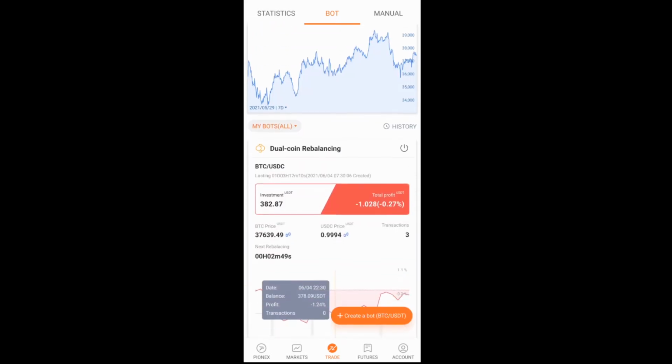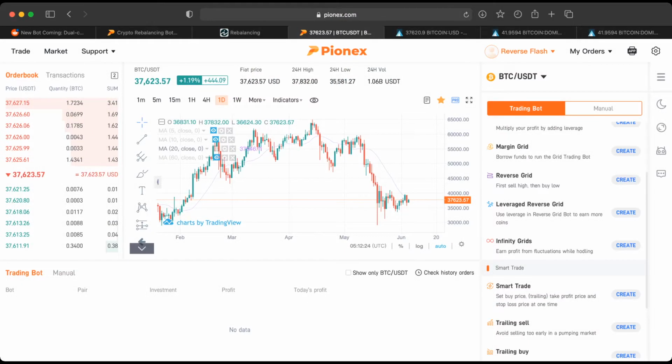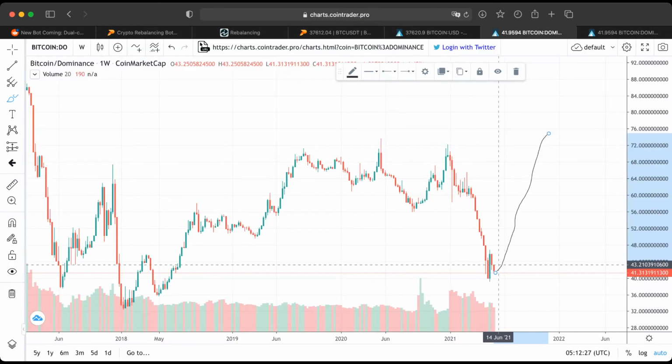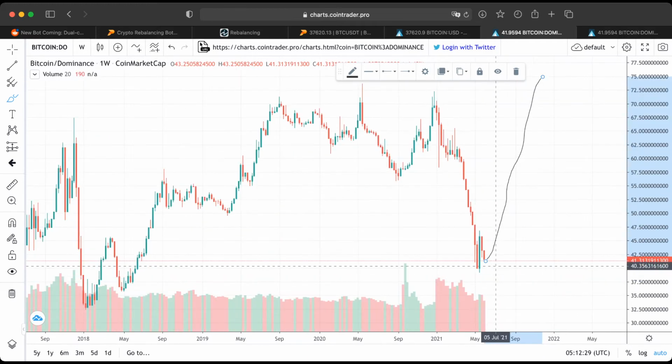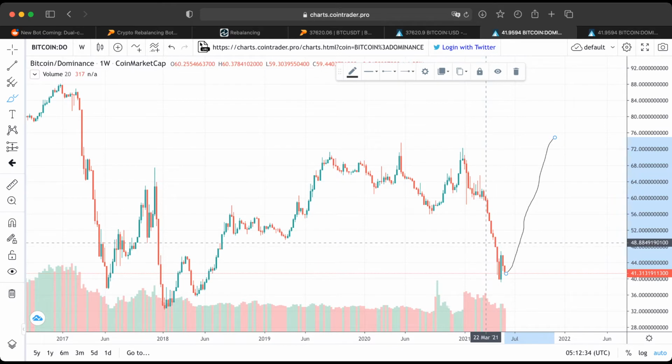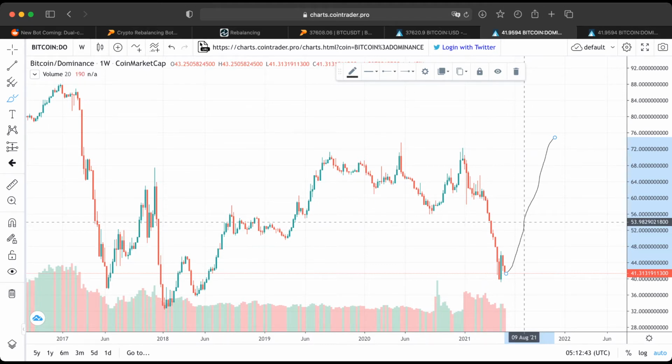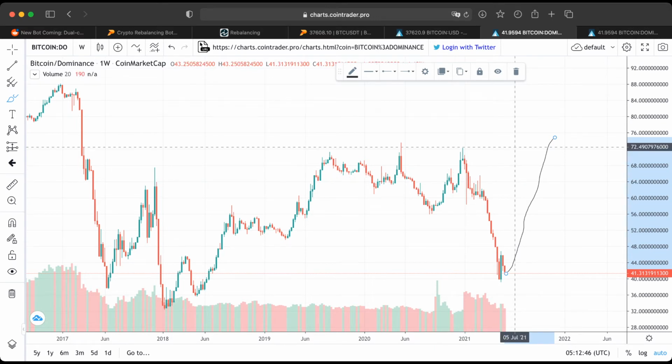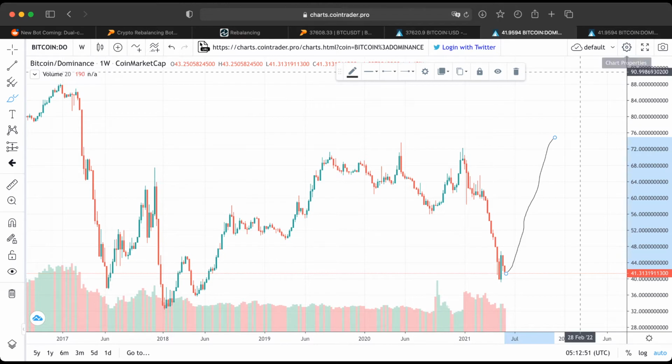The bot I have created is Bitcoin USDC, because as you can see, right now we are very low in Bitcoin dominance. We are at 41, so alts are very prone. So right now I don't want to be holding alt coins, and I want to be in Bitcoin and USDT, because if Bitcoin dumps further or pumps harder, the alts are very prone to it, and I don't want those kinds of assets in my portfolio right now.